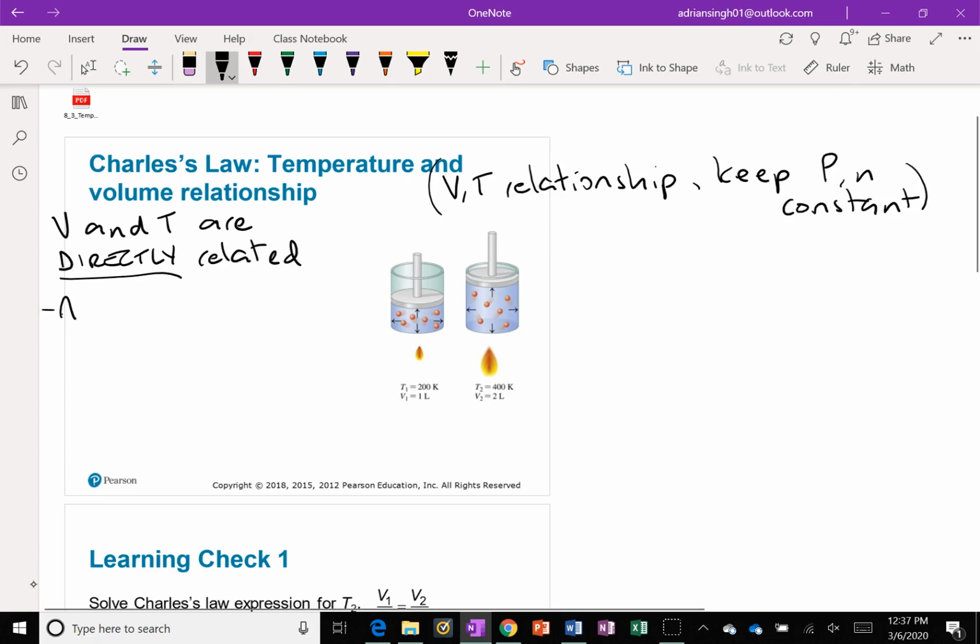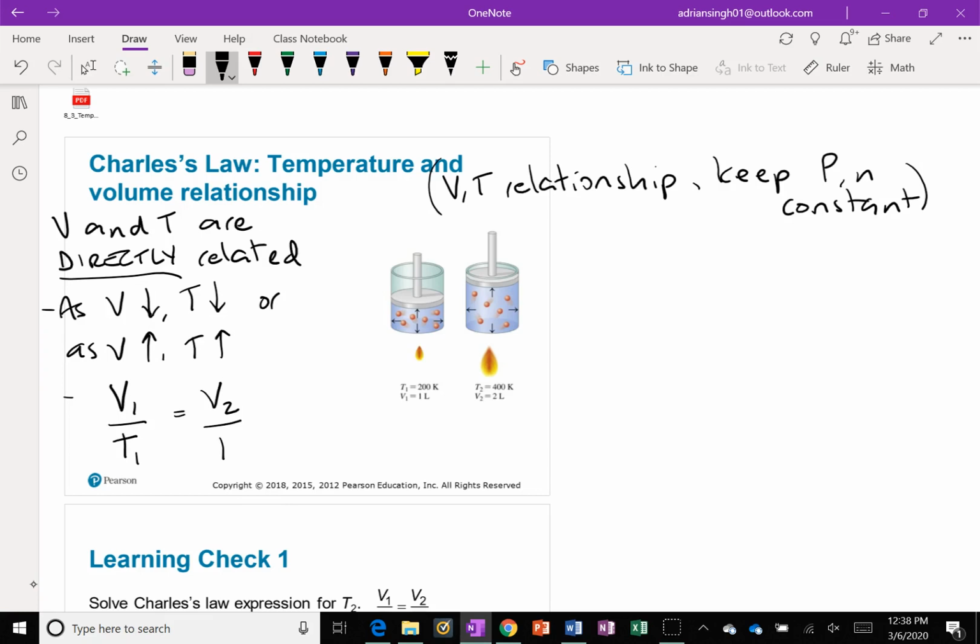So what that means is, as volume goes down, the same thing happens to the temperature, or as volume increases, the temperature will increase as well. Mathematically, we can represent that as follows. We can say V1 over T1 is equal to V2 over T2. Right? And that's how this relationship between V and T is useful to us. This is called Boyles Law.